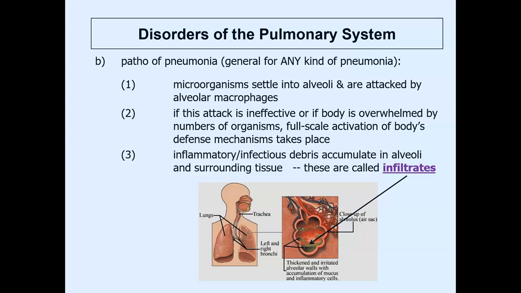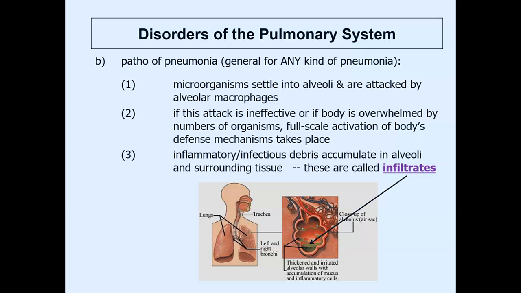And I think it will be helpful to you if you draw your own little mini concept map of how it causes a problem. We have something that settles into the alveoli. Because pneumonia is a microbe issue, we're going to call it a microorganism that settles into the alveoli, and there are always alveolar macrophages that are just waiting for something that's not supposed to be there to attack.